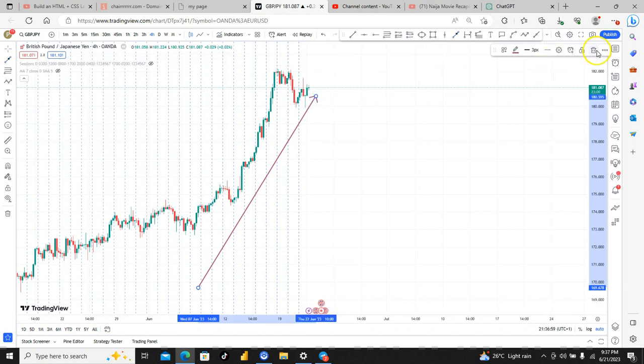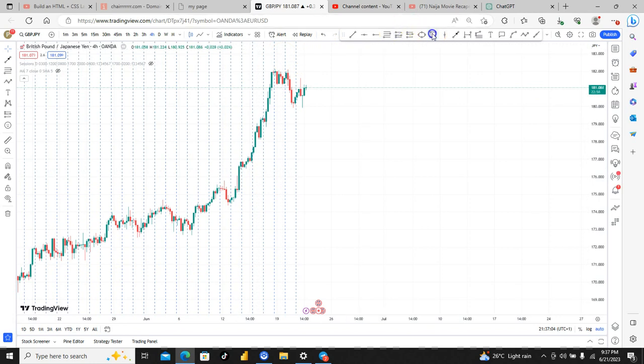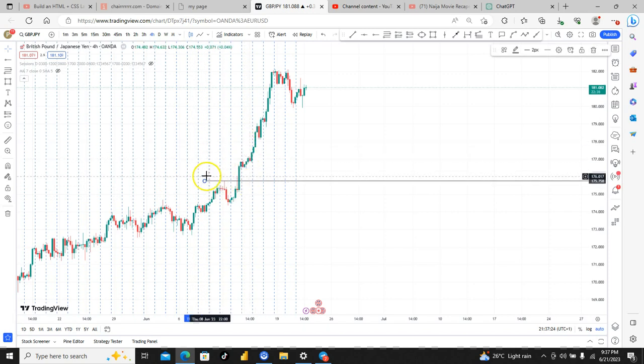As you can see over here, there was a break of structure. Let me show you guys. The market has been trading higher here, broke higher, traded higher here.